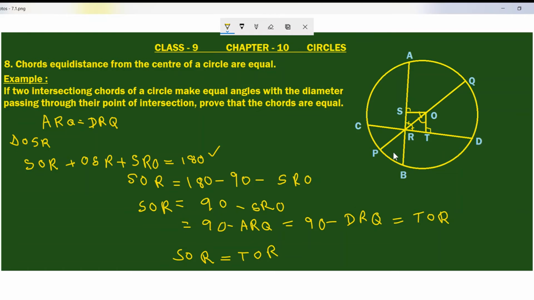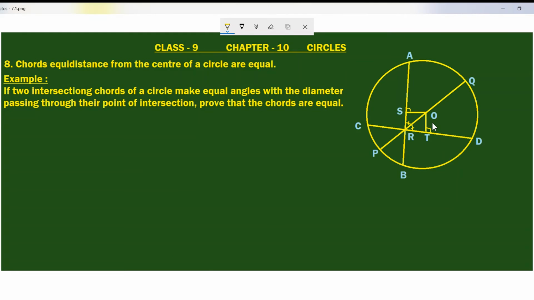Now we are going to take triangle SOR and triangle TOR. In the example itself, they have given angle SRO is equivalent to angle TRO, right?